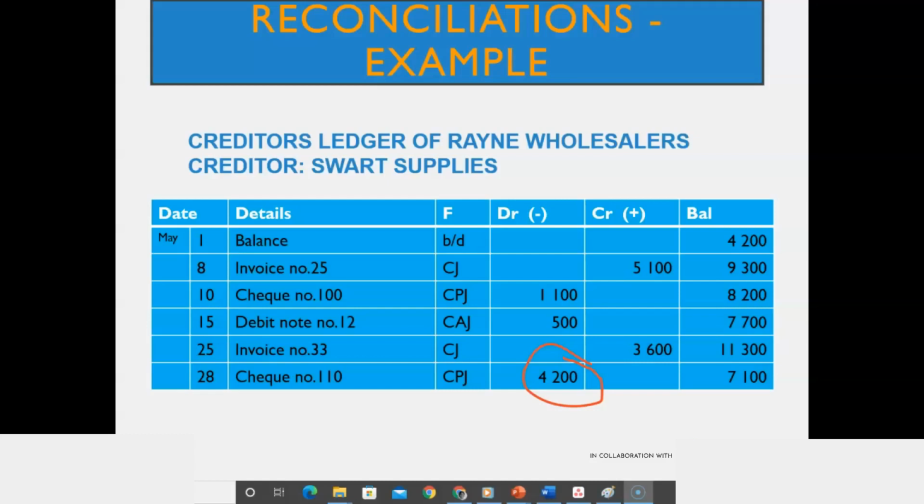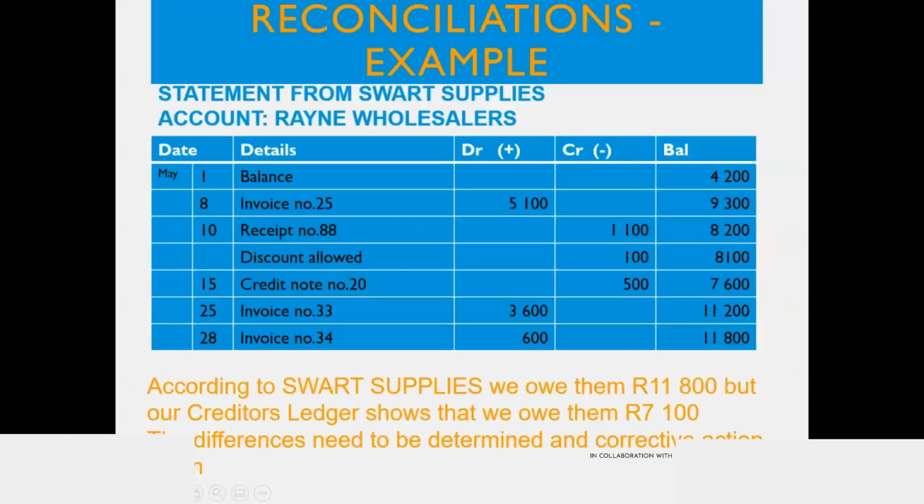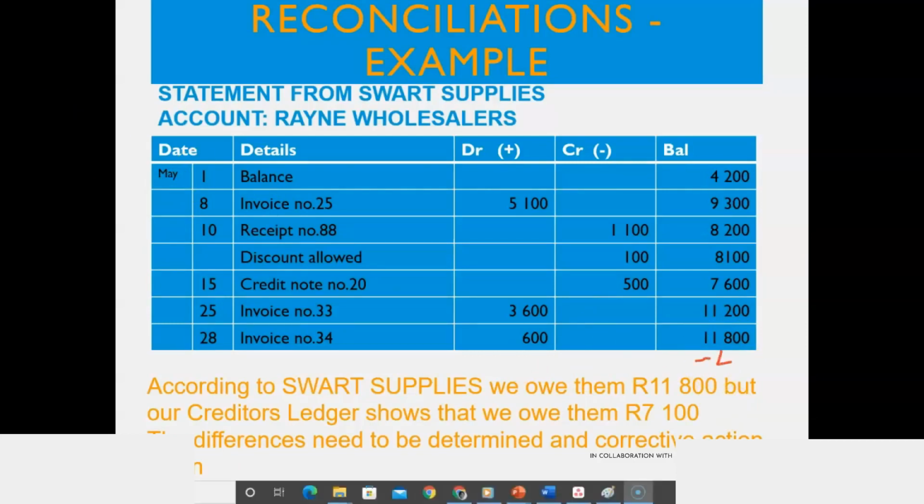So if this is reducing what we owe, then here we take the 11,800 and acknowledge the amount of money that we paid: 11,800 minus the 4,200 that we paid and recognize on our side.